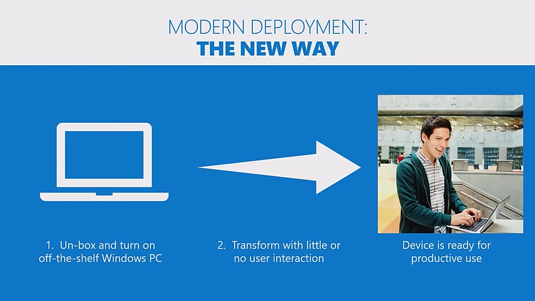So instead, we want to move to a process where we can take the device out of the box, plug it in, turn it on, connect it to the network, type in a user ID and password, and let the rest of the process be driven by the management tool. Push the remaining configuration down to the device, transforming it into something that's ready for the end user. If we do that well enough, IT doesn't even have to touch this device.